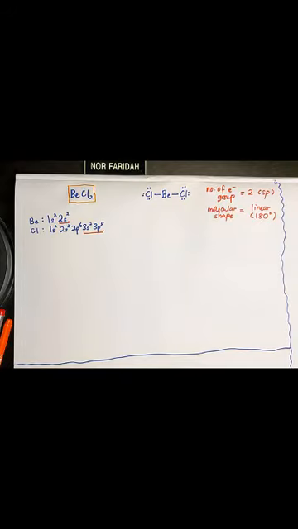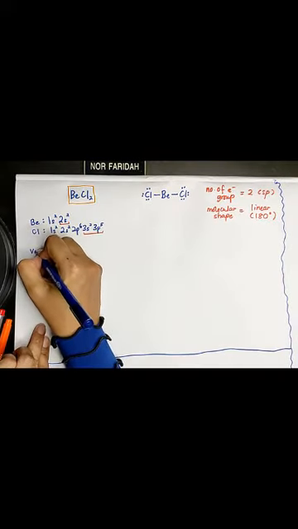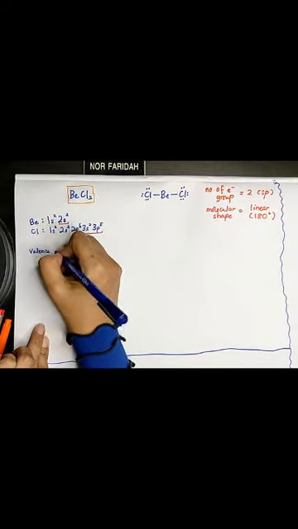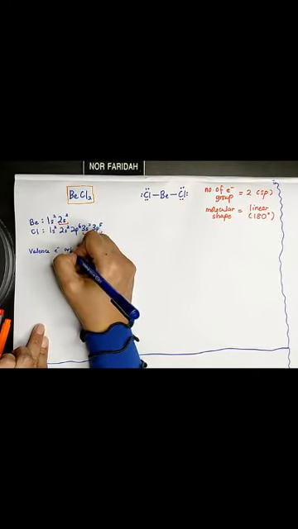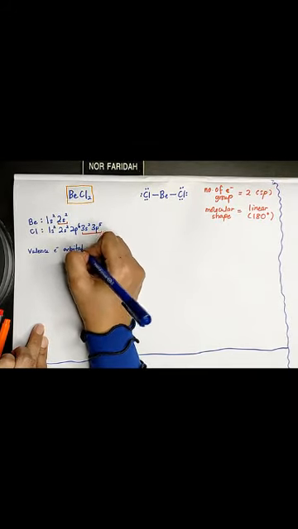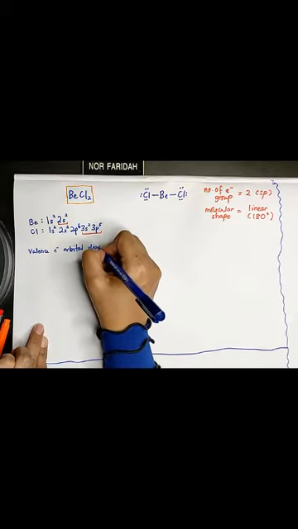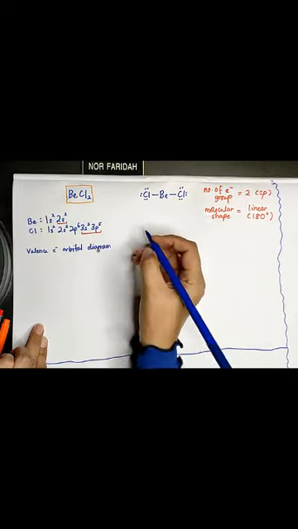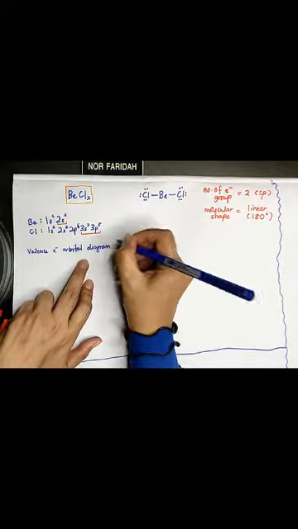The process of hybridization: you have to describe the hybridization process by using the valence electron orbital diagram. For which atom?